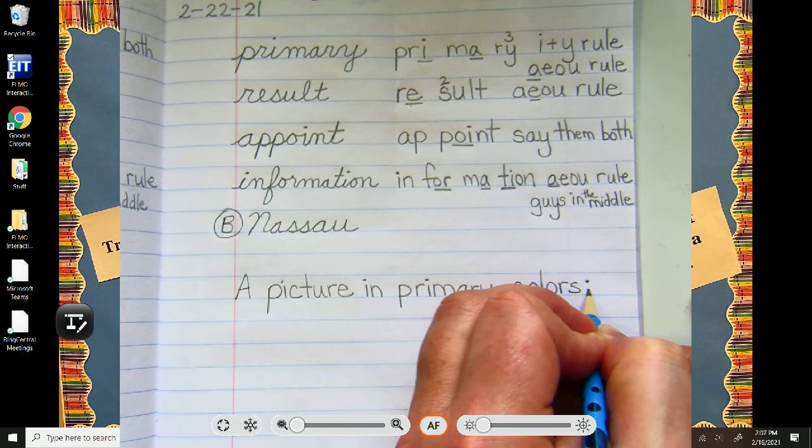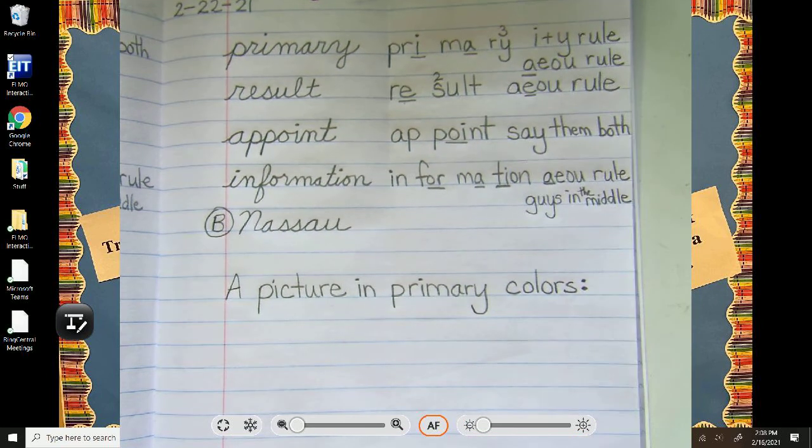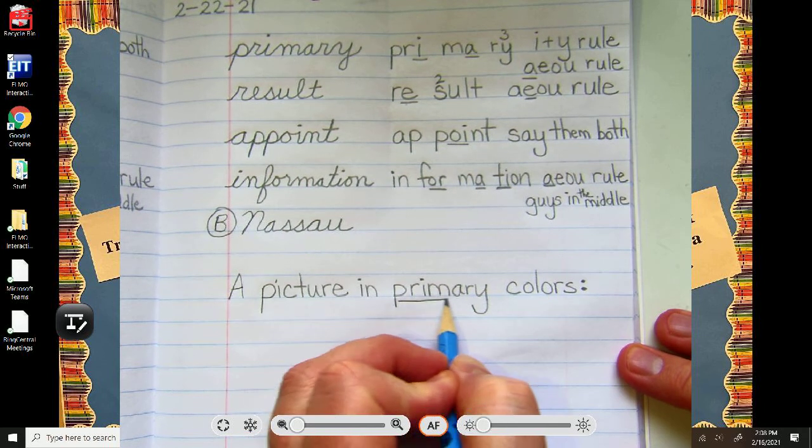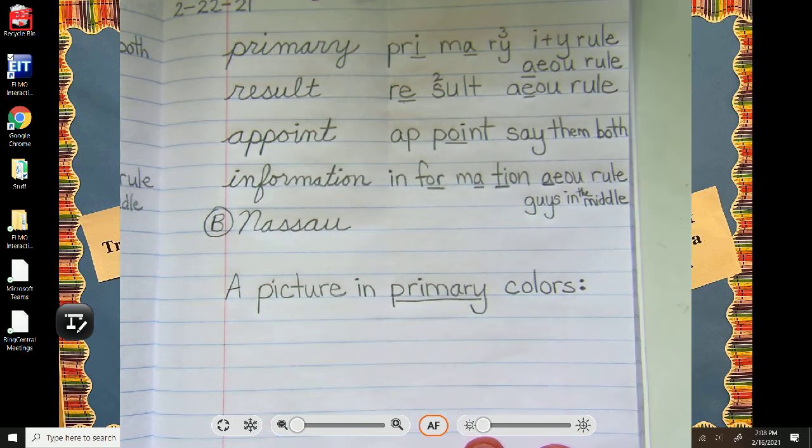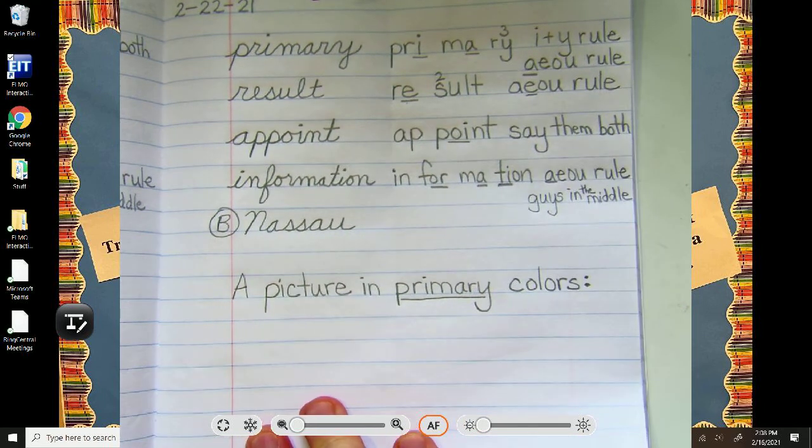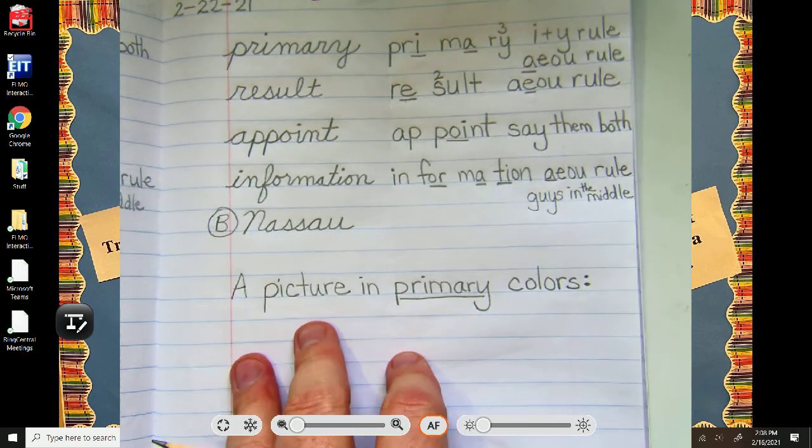What would you like to make a picture of in the 3 primary colors? Check out mine by clicking on the sample page in the post of this assignment. Remember, this part is optional.